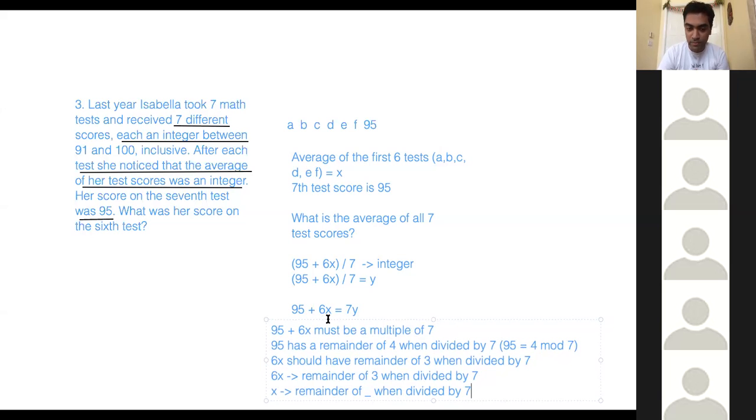Any ideas? So there's no easy way, you can't just divide directly, but think about like we try different values, right? If x has a remainder of 1 when divided by 7, what would 6x's remainder when divided by 7 be?